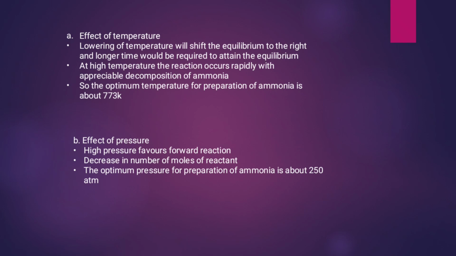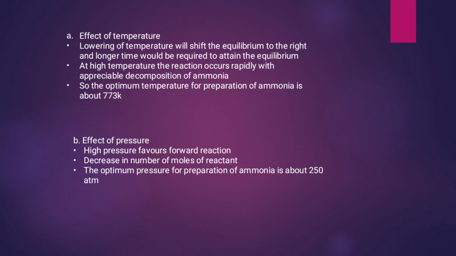At higher temperature the reaction occurs rapidly, but with appreciable decomposition of ammonia. So ammonia will reversibly give H2 and N2 back, that is hydrogen and nitrogen. So the optimum temperature for preparation of ammonia is about 773 Kelvin.